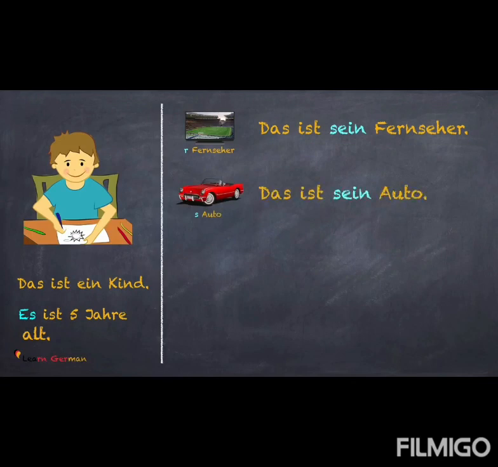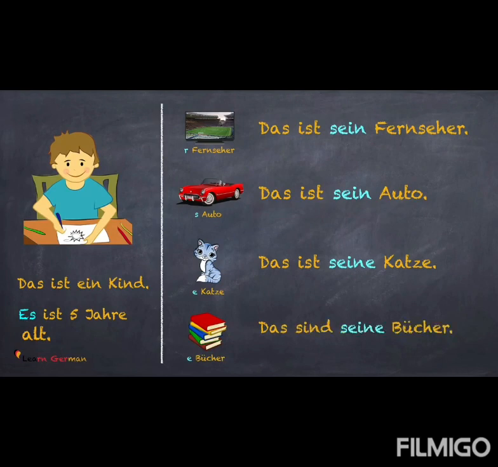Das ist sein Auto. Das ist seine Katze. Das sind seine Bücher. Just like all other possessive pronouns, even in this case, when the article is der or das, you say sein, and whenever the article is die in feminine or plural, you say seine.